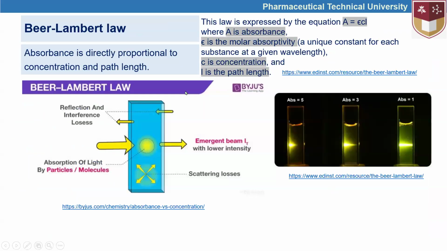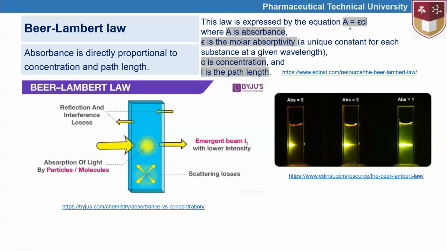Okay, there is a law termed Beer-Lambert law that states that the absorbance of the light is directly proportional to the concentration and path length. Here, it is expressed by the equation A equals ECL.